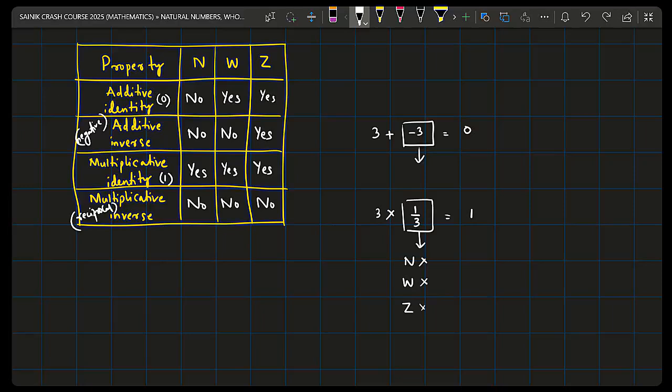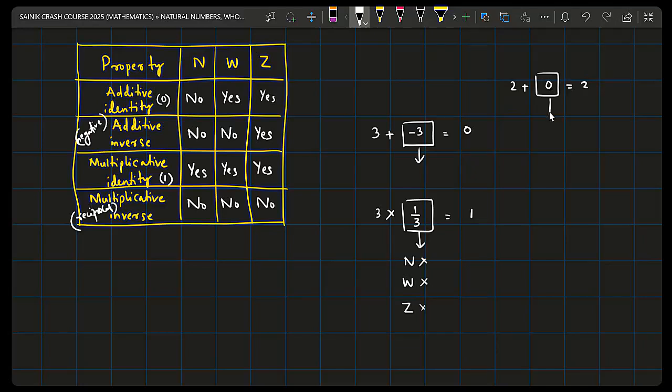Aryan? Yes, Aryan. Sir, I did not understand anything about additive identity, additive inverse. Additive identity is nothing but, you take any number. Tell me one number, Aryan. Sir, 2. 2, which number do you add so that the answer is 2 only again? 0.